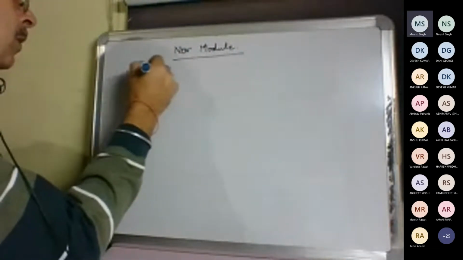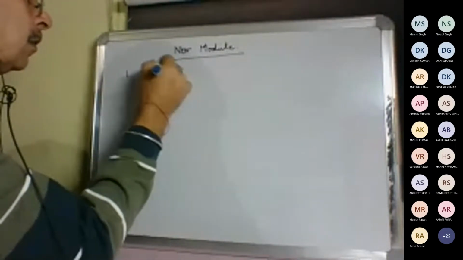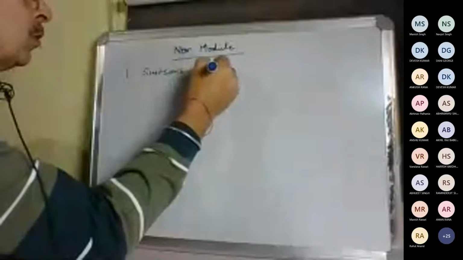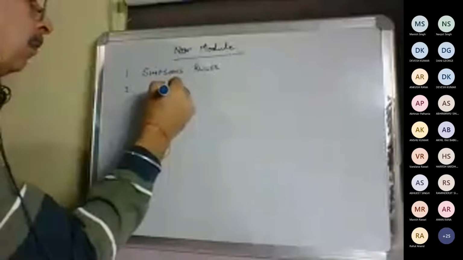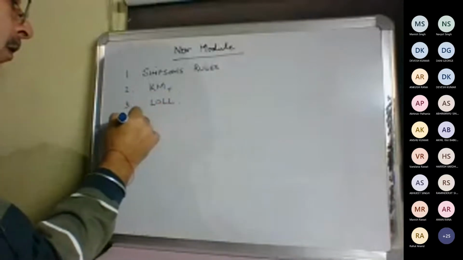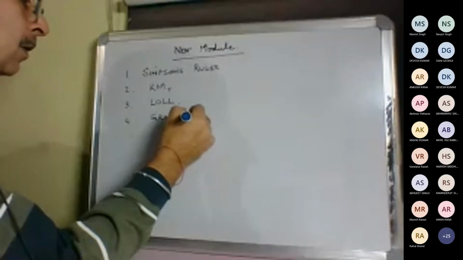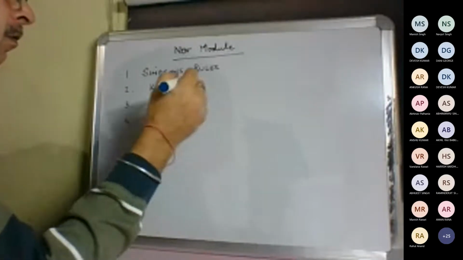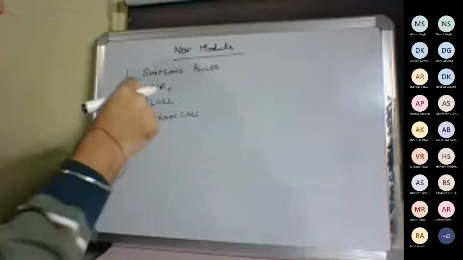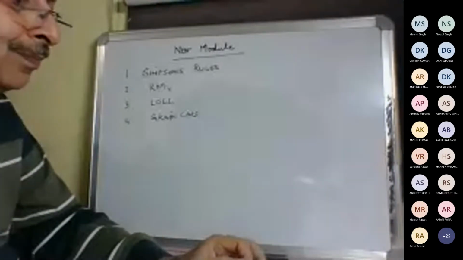What we'll be doing now will be Simpson's rules, KM, then angle of loll, and grain calculations, grain stability. These are the 4 topics that we'll be covering in this module, in this month.